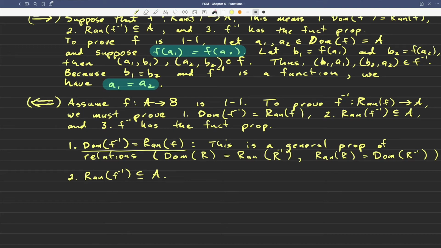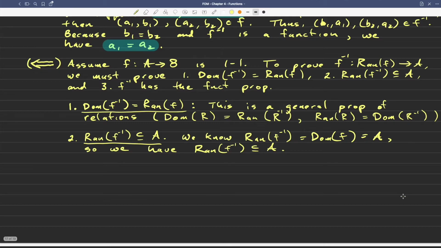The general property that I just mentioned a minute ago, right here, I've got it written in the reverse order, but the range of R inverse is equal to the domain of R, so we know that the range of f inverse equals the domain of f, which by hypothesis, right here, we know that the domain of f is equal to A. So not only is the range of f inverse contained in A, it's equal to A. Whenever two sets are equal, you get double containment, right? So in particular, if the range of f inverse is equal to A, well, it's certainly contained in A. Also, A is contained in it, but we don't need that.